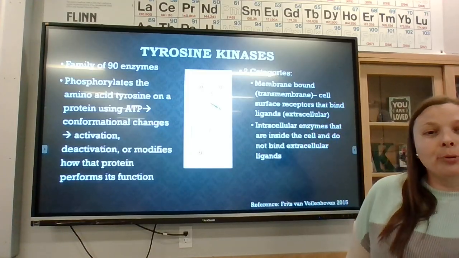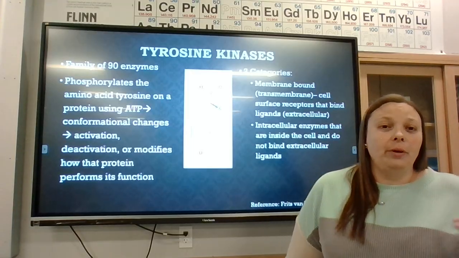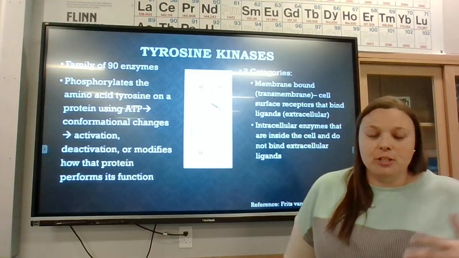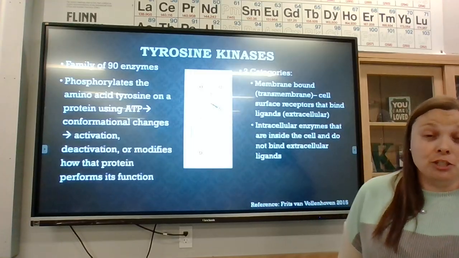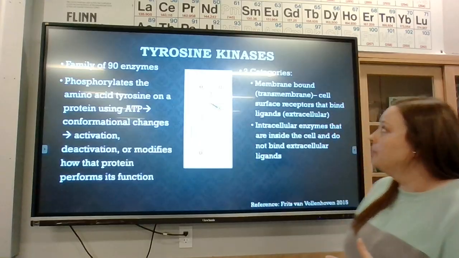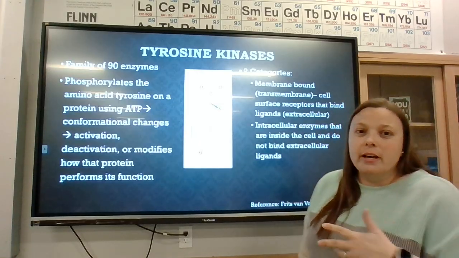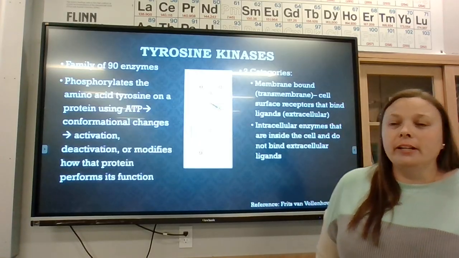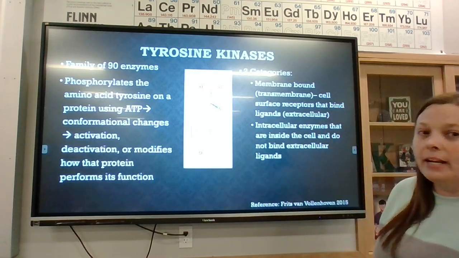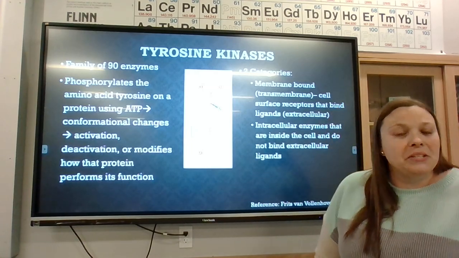But the protein itself can be activated or deactivated or change the speed with which it performs its function depending upon that phosphorylation. Now, there are two categories of tyrosine kinases. The first one is membrane-bound tyrosine kinases, and that's what we're going to focus on today.